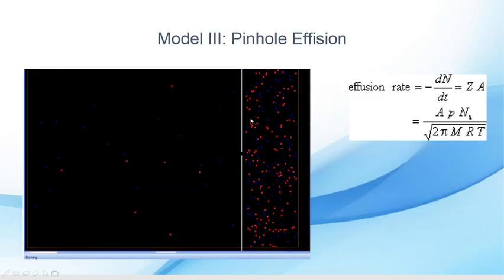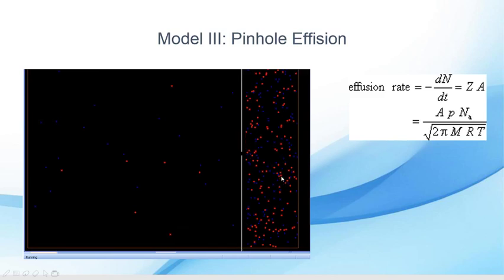Module 3 is gas effusion, also called pinhole effusion. In this module, the key is actually the pressure. On one side we will load a large amount of gas, and here is a wall.